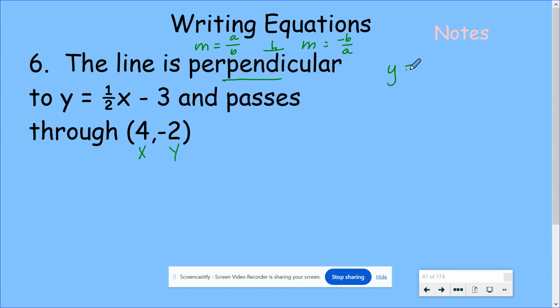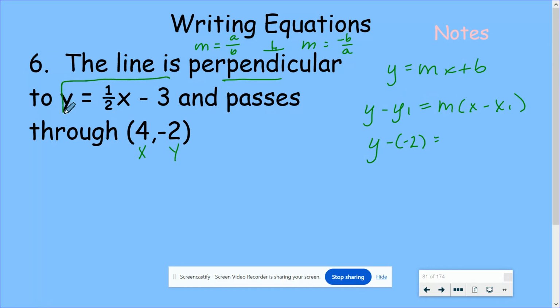So again, in order to get y equals mx plus b, I am going to be using my point slope formula to do that. So let me copy it down. I do know that my y sub 1 is -2. I don't know m yet, so let's try to figure that out. So I'm going to go to this equation that we know it's perpendicular to. It is already in y equals mx plus b form.